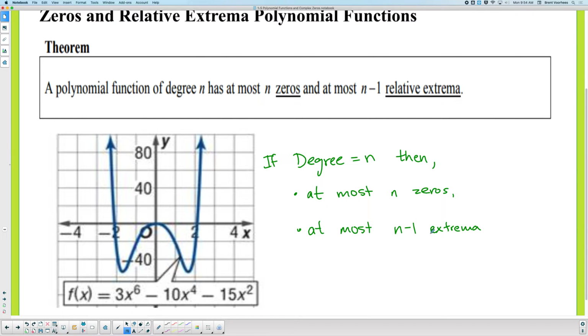What's an extrema mean? Minimums or maximums. And at most, how many inflection points? What's n minus 1 minus another one? N minus 2 inflection points. Now they didn't write that about the inflection points, but I'm going to go ahead and put it in for our notes.